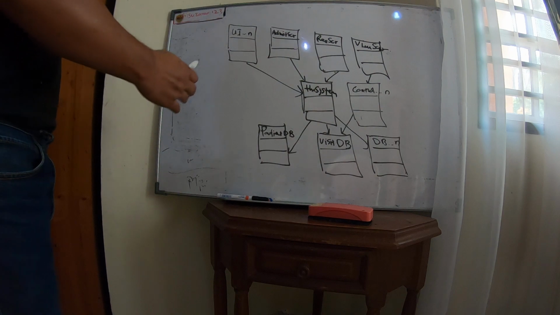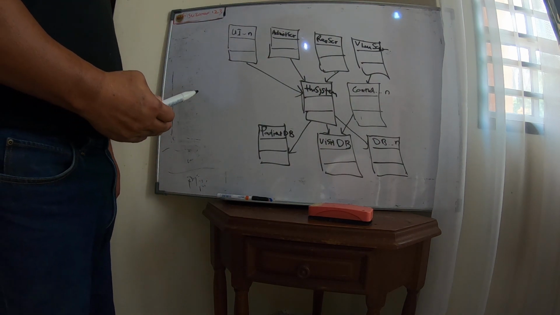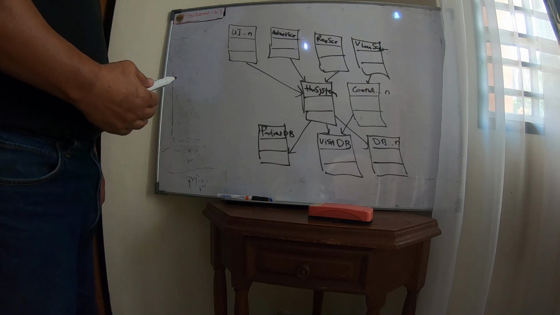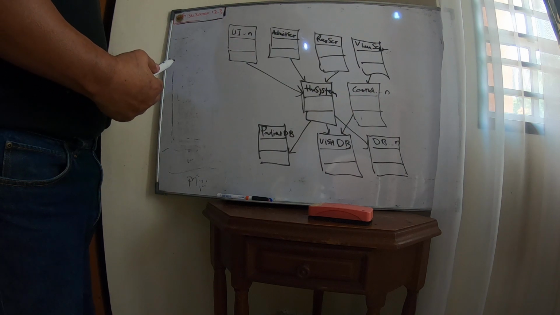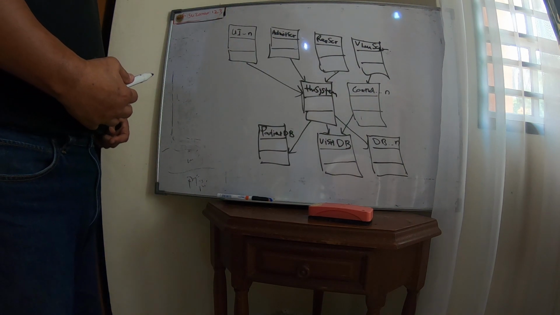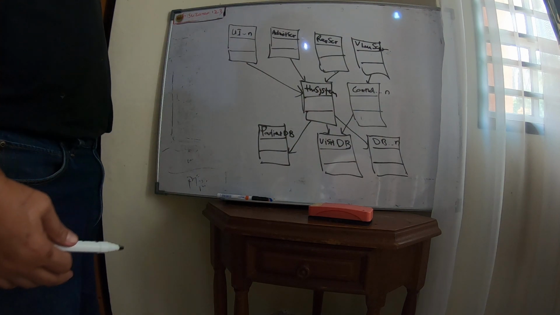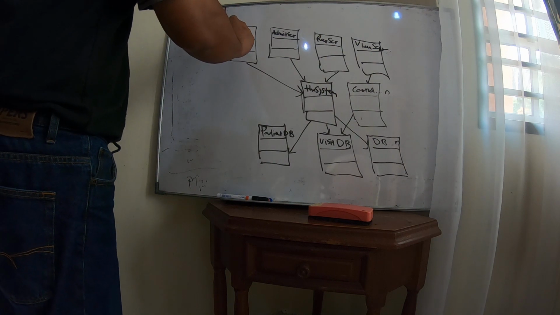Okay, so this looks complex, right? This is where software architecture comes into software engineering and helps the software developer to simplify their design. So you have attributes here, right?